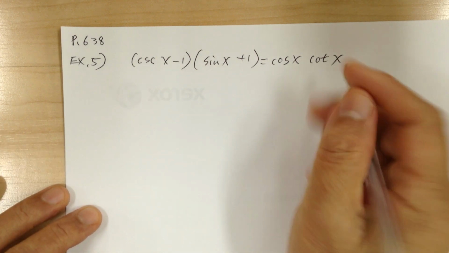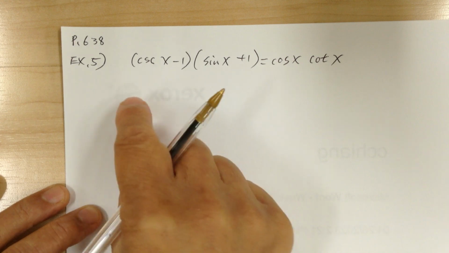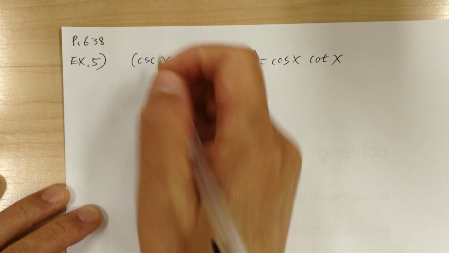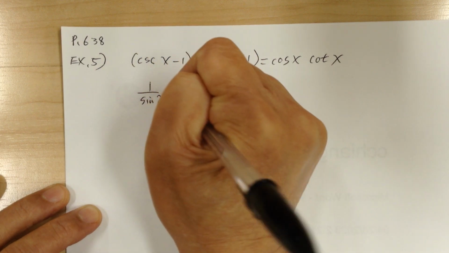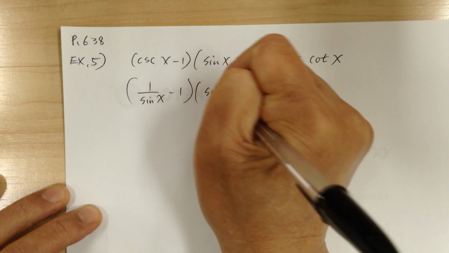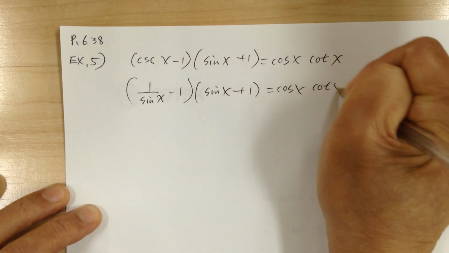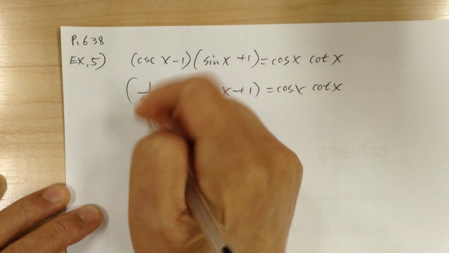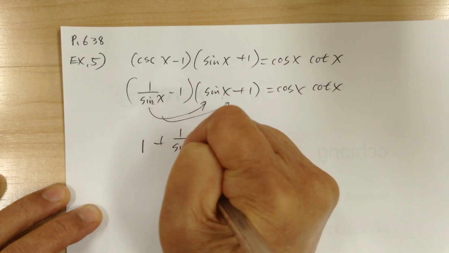Okay, so first, again, let's convert everything to sine and cosine. Cosecant comes from sine, so this is equal to (1 over sine x minus 1). Then next, let's distribute, so this times that. This times that will give you 1. This times that will give you plus 1 over sine x.